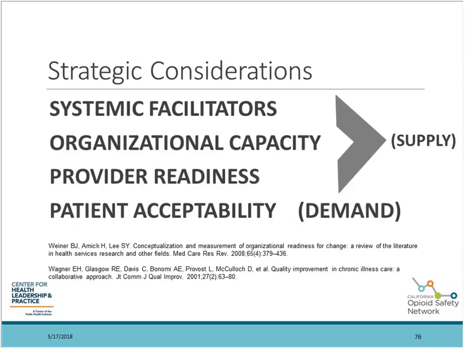One framework that we've been working with in the county is to think through what our systemic facilitators are, how we build organizational capacity and provider readiness to affect the supply of medications for addiction treatment, and then work with our community advocacy groups to think through how we are going to offer services in a way that is accessible to the community.